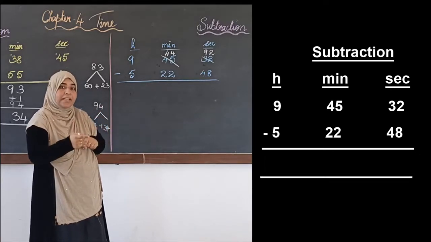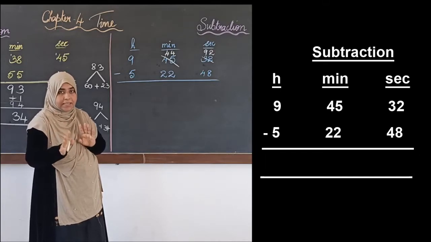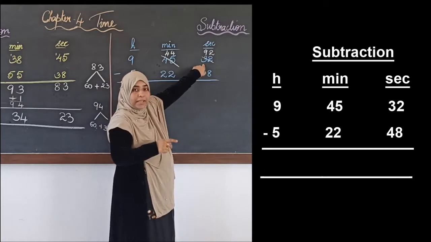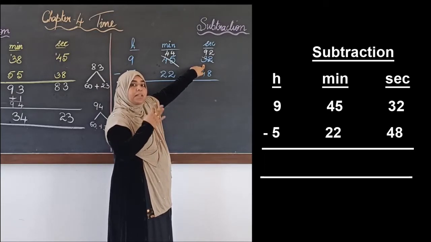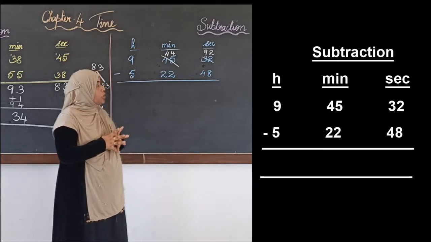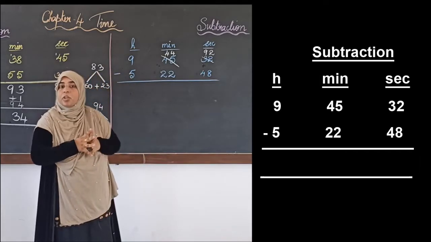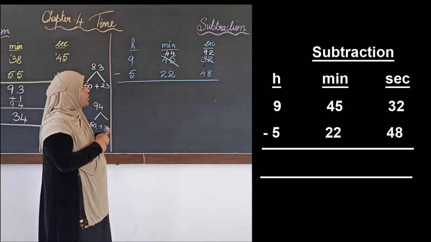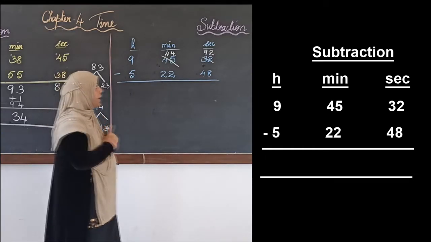So when it came to seconds, it became 60 seconds. Okay. Now 60 seconds plus we had 32 seconds earlier. So 60 plus 32 became 92 seconds. Okay. Now 92 minus 48 is possible, right?